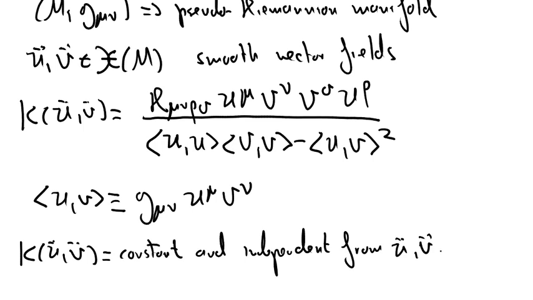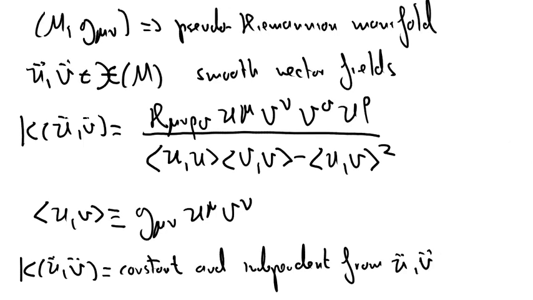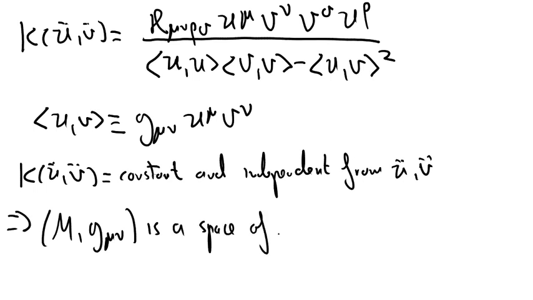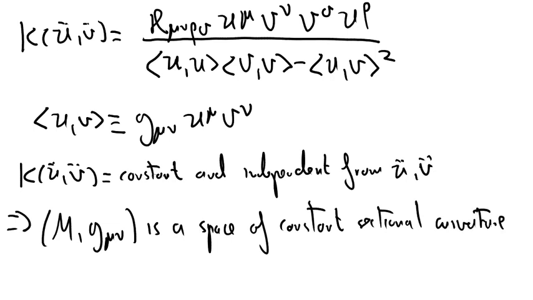When that happens, we say that our spacetime is a spacetime of constant sectional curvature. It's possible to classify this kind of spacetimes, and this is what the following theorem shows.